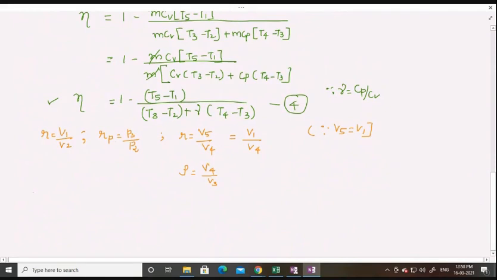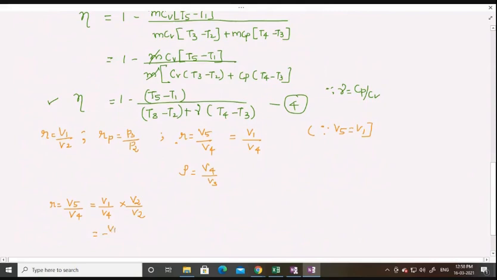Then, before going for the relation, we can see some parameter simplification. The expansion ratio we are saying as V5 by V4, and due to the constant volume process, instead of V5 we can use V1. Here we can multiply with the factor V2 in the numerator and the denominator.